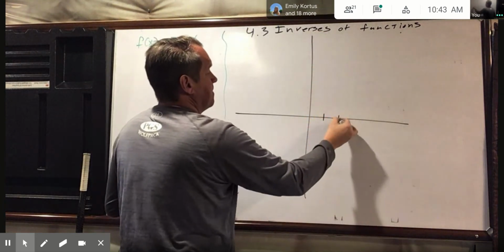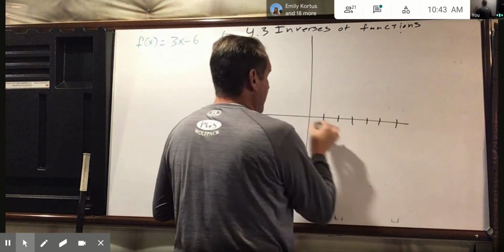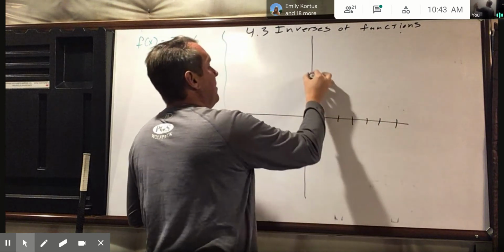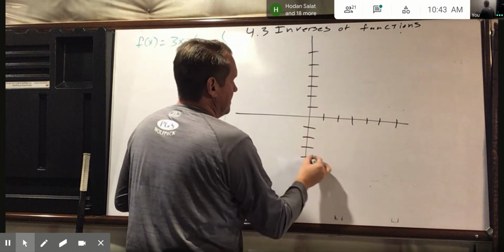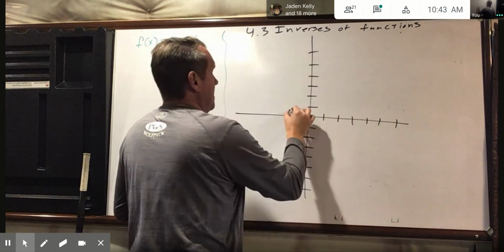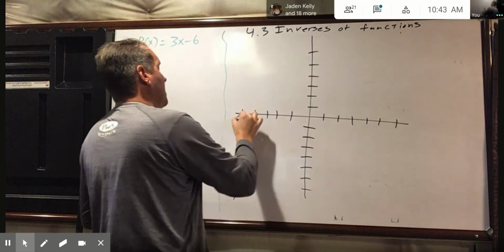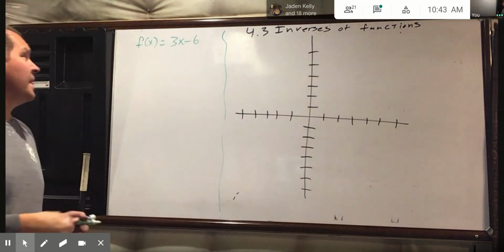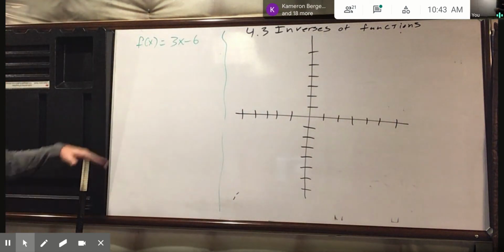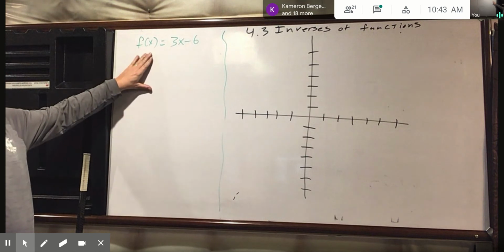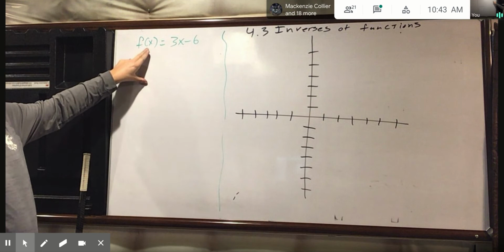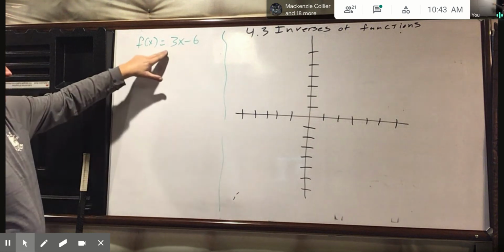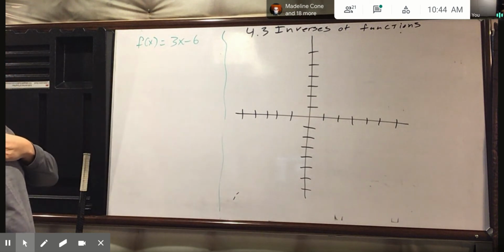All right. We're going to graph again, but the bigger part of this is going to be the algebra piece. When we started doing function notation the other day, on Tuesday, we said f of x equals 3x minus 6 is a function.